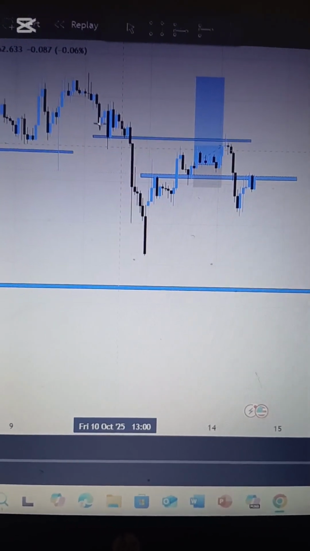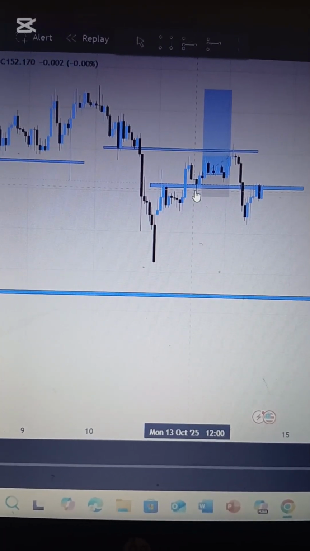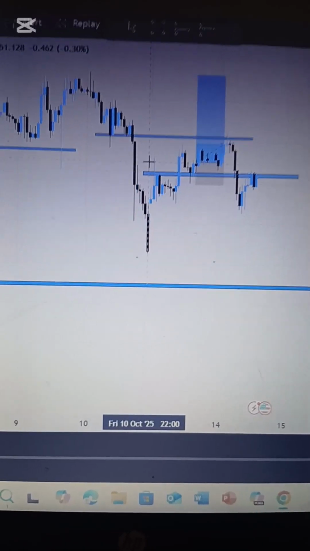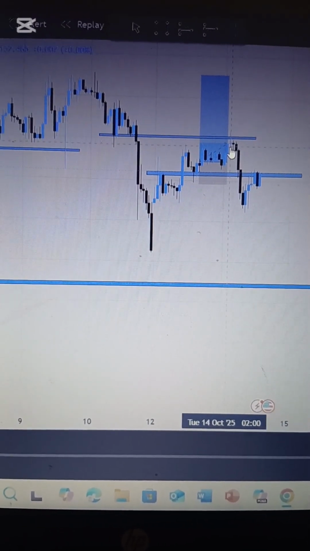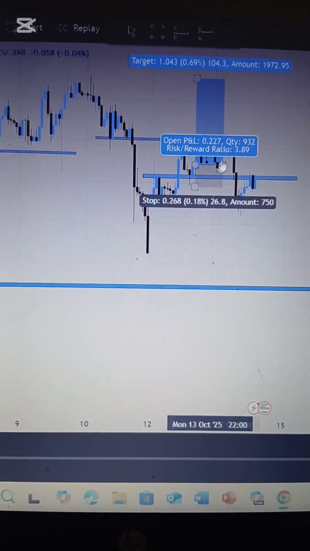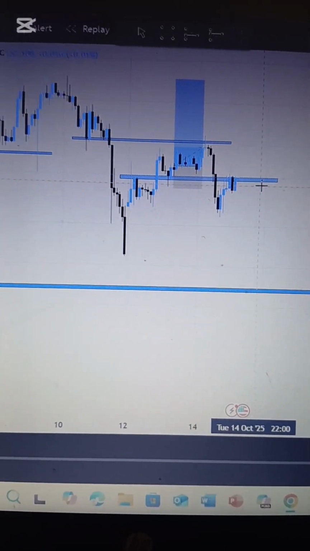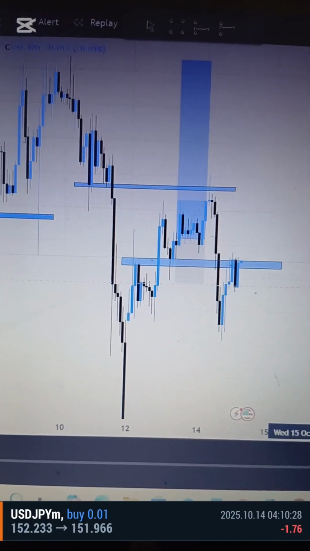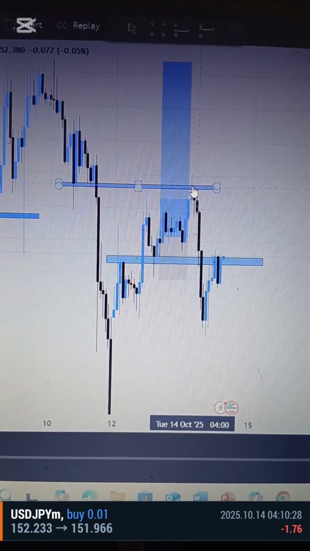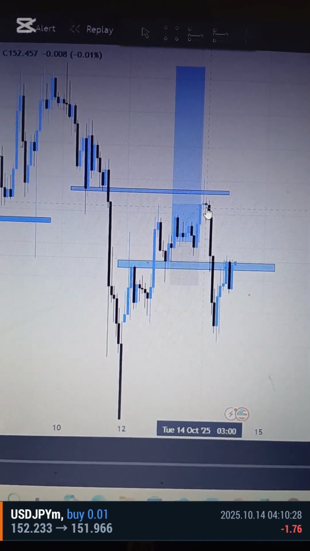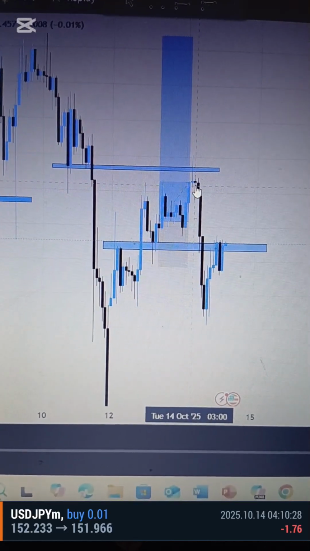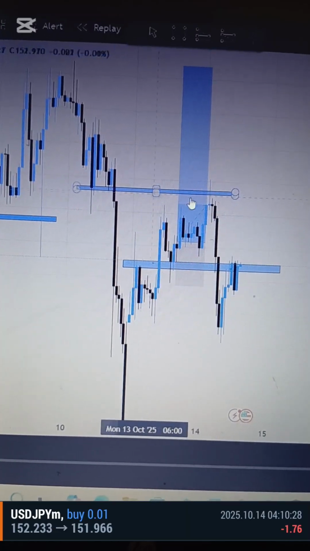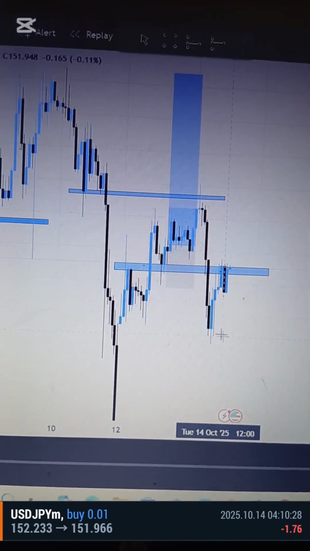Because I overlooked this level here, price came here and gave a rejection. I don't know whether you can see, price rejected this level and gave the bearish candle, confirming that it's continuing its downward movement.